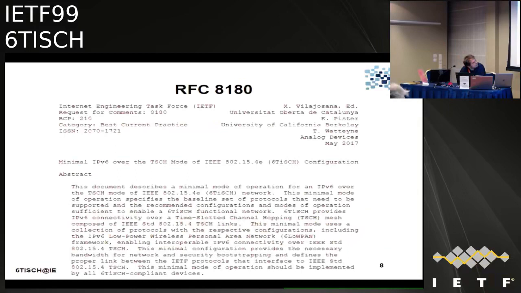And last but not least, congratulations to the authors, in particular Xavi, who did the bulk of the editing. We now have the RFC number for the minimal 6TISCH support, so that's really the core result of this working group so far.